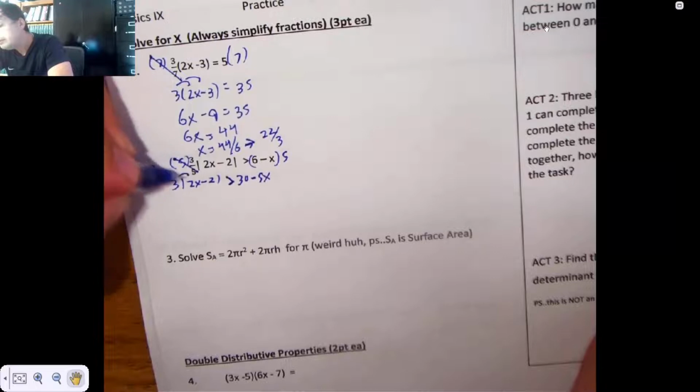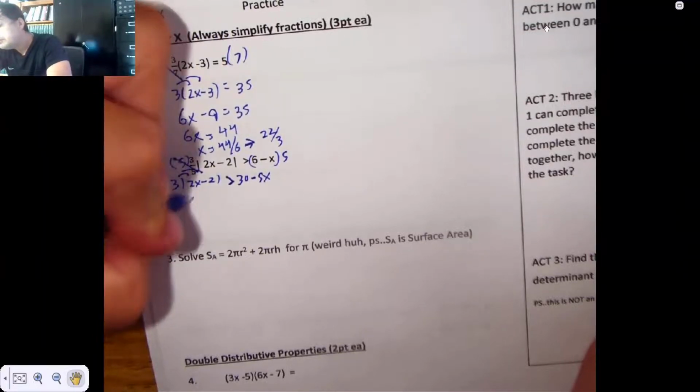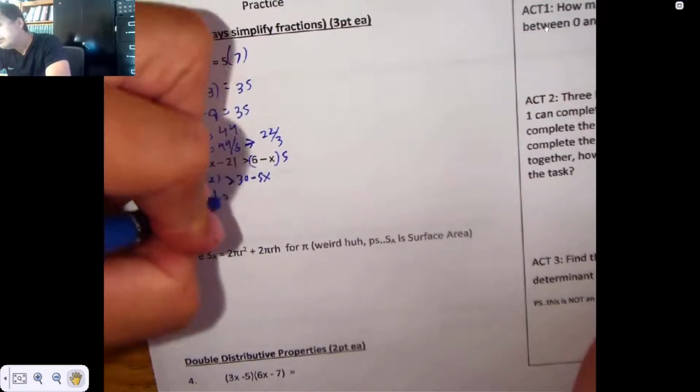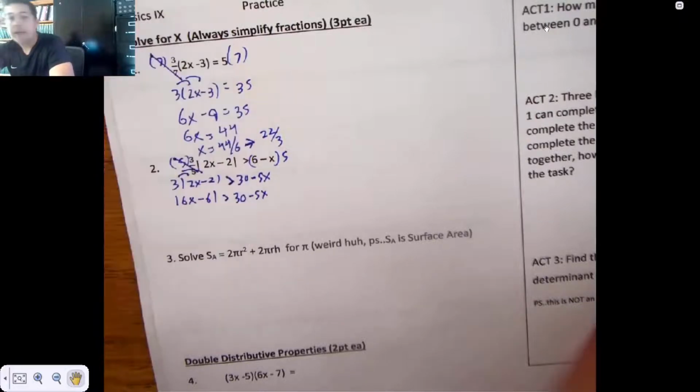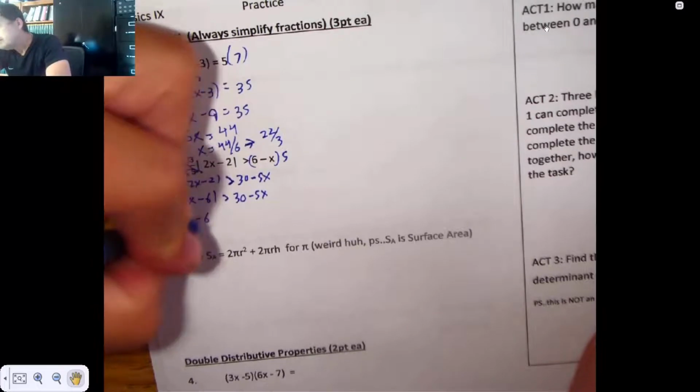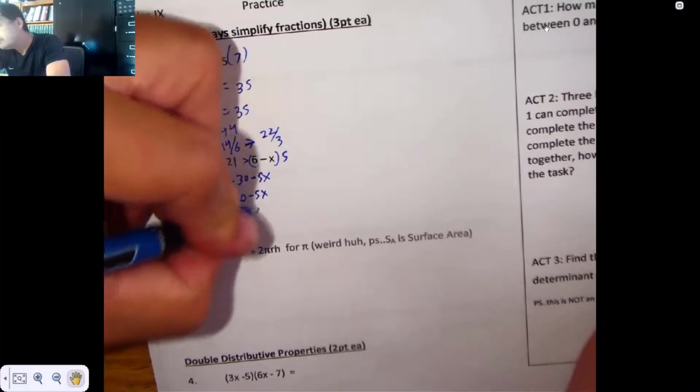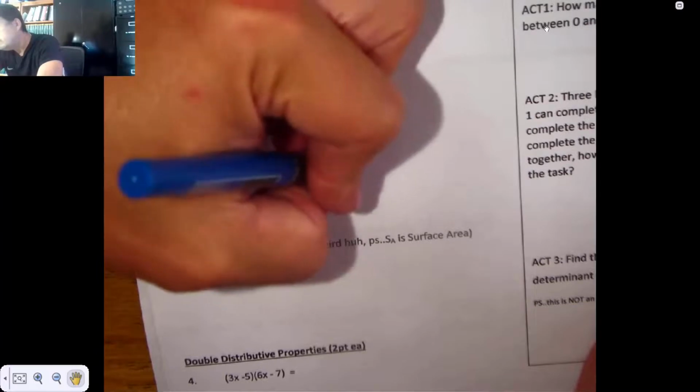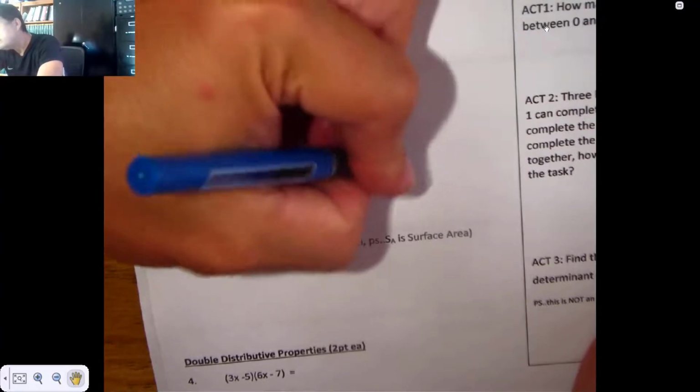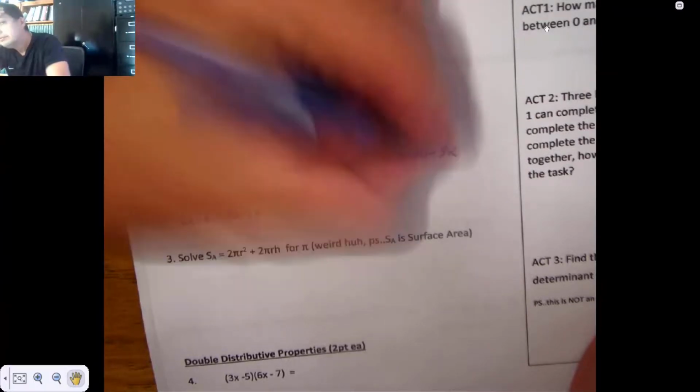I can distribute my 3 in. Absolute value of 6x minus 6 is greater than 30 minus 5x. And now I get to write 2 equations. 6x minus 6 is greater than 30 minus 5x. Or the other one, negative 6x plus 6 is greater than 30 minus 5x.